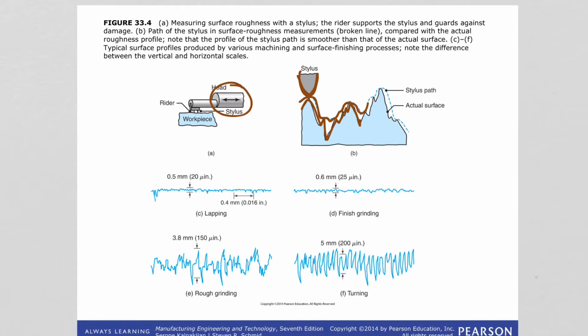Compared to the actual roughness profile, you see the stylus path is smoother. So if you have a somewhat smaller stylus diameter and a smoother surface, that is when you get closer to the path of the actual surface profile.